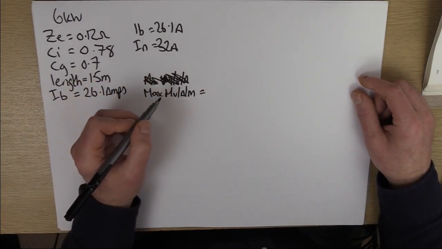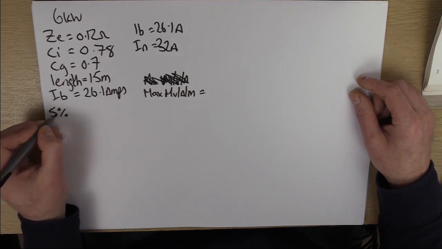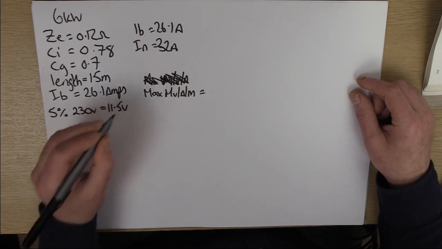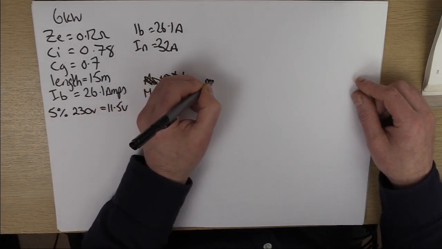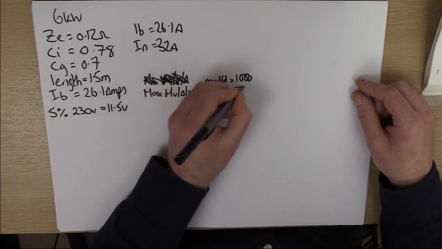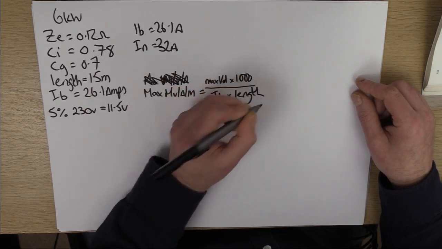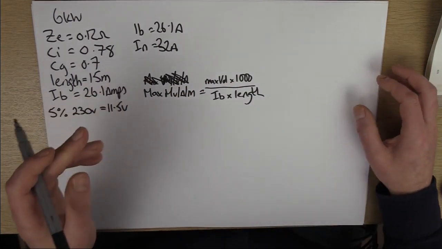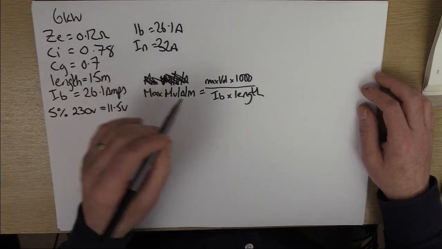Single phase now, it's still power, so it's 5% of 230 volts, which is 11.5 volts. So it's the maximum allowed volt drop times 1,000 divided by design current times length. And you know, the rearranging of that is fairly straightforward. And I've done that in the other video.